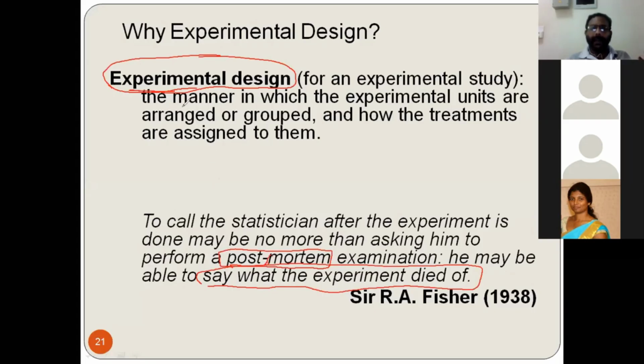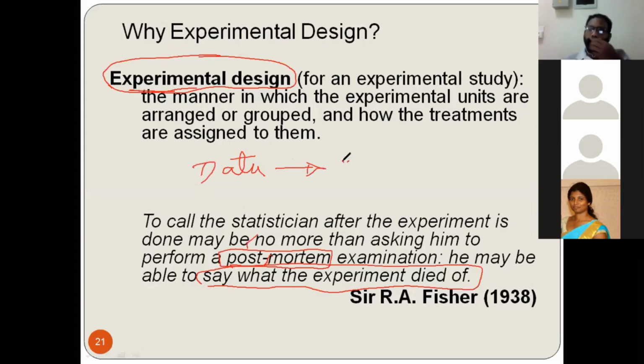If you, without a proper experimental design, take only the outcome and bring the data to the statistician, the statistician cannot recorrect the data again. Why? Because you have not obtained the data in the proper way.